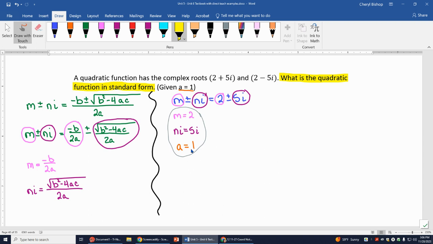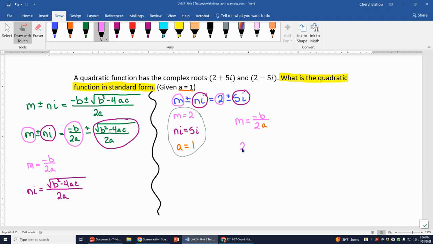I already know the a, so I know it's going to start x squared, but I don't know the b and the c. But now I know that m is equal to negative b over 2a. I know what a is. A is 1. And I know what m is. M is 2.